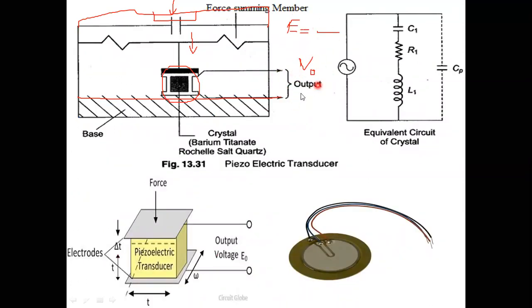This is the output voltage in terms of the charge and shunt capacitance. This is the shunt capacitance.